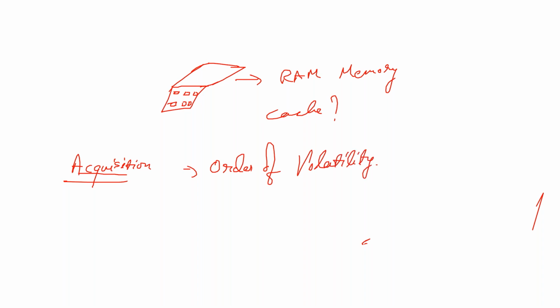When I say order of volatility, it's like a set of preferences which you go through in order to collect those evidences. The preference is from more volatile to less volatile. Correct?